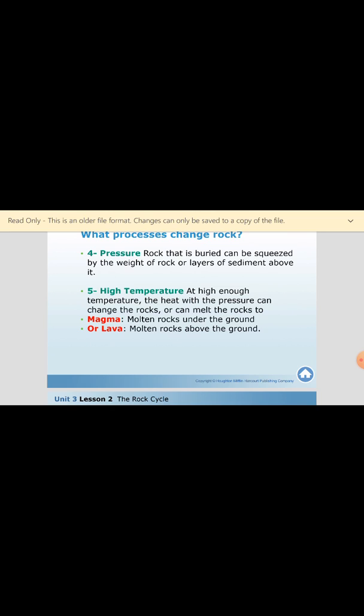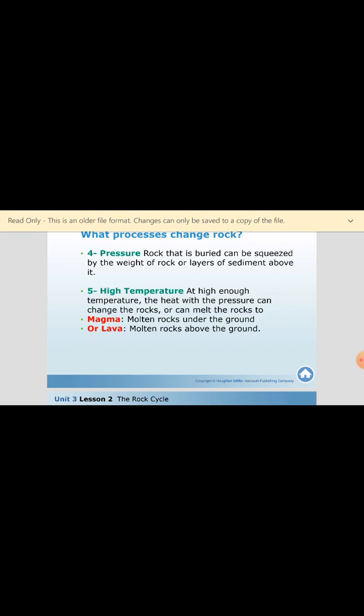Finally, the high temperature. High temperature with pressure can shape and change the formation of some rocks. Also, high temperature can be high enough to melt the rocks. Molten rocks under the ground are called magma.